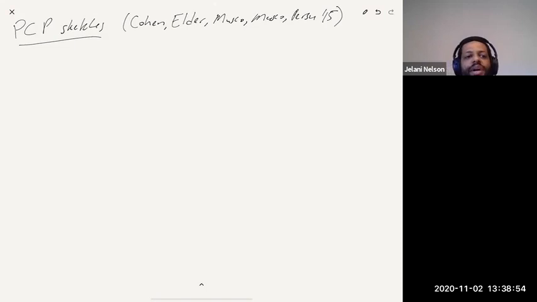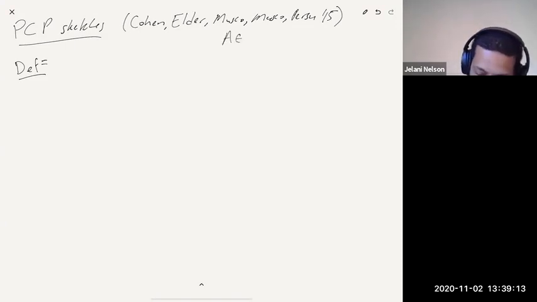So what is a projection cost preserving sketch? Okay, so it's like the name suggests, sketching that preserves the costs of any projection. Okay, so the definition, let's say, so for us now, A is just going to be some given matrix. Okay.